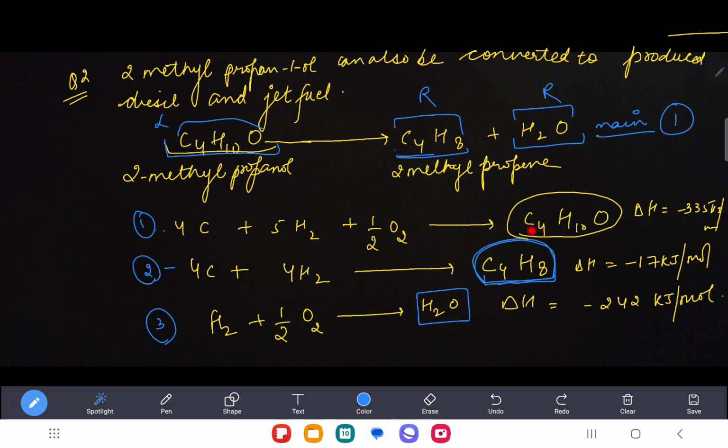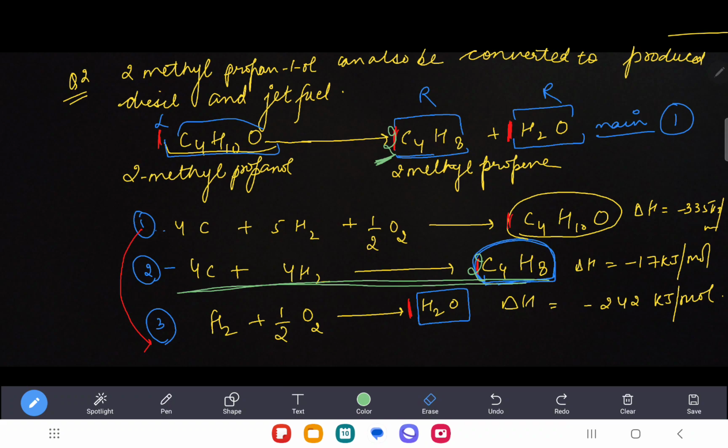If you have C4H10O on the left hand side, that clearly tells me I need to reverse my first reaction. So my first reaction, I'm going to write down in the reverse manner. In my balanced equation, I need 1 mole, 1 mole, 1 mole being produced, so I do not have to multiply. For example, if the main question had 2 C4H8, then this equation would have to be multiplied by 2, because only then can I make 2 C4H8.